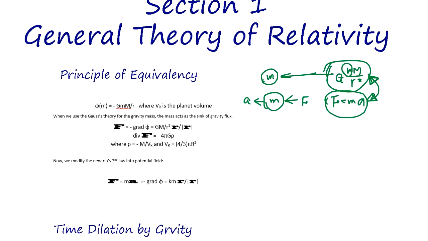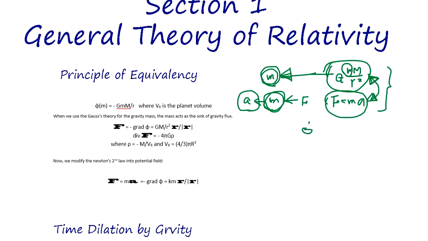Okay, but deep inside, is this really correct? So what Einstein did is try to unite these two things. The mass that causes gravity and the mass that causes acceleration, they're completely the same thing.